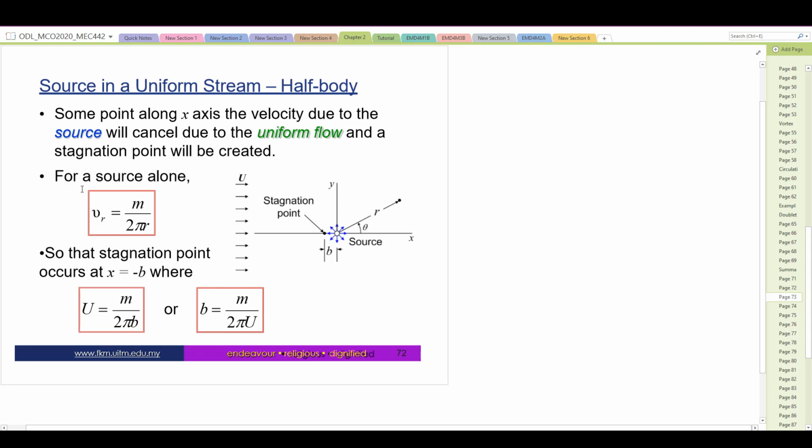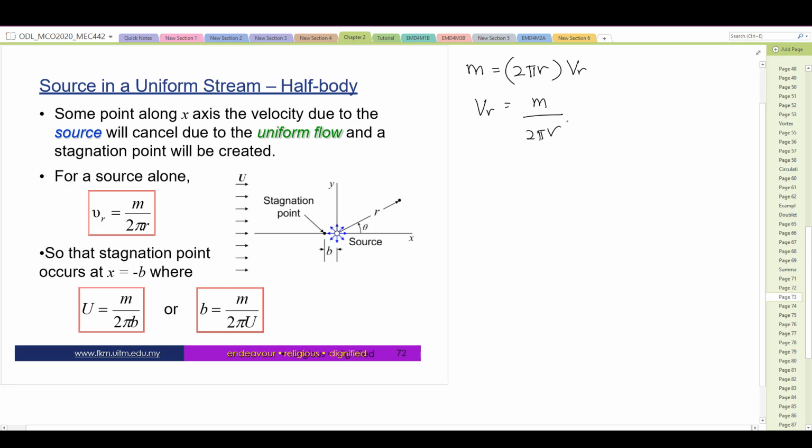For the source alone, it depends on the strength of the source or sink: m equals 2 pi r vr. So the radial velocity for the source is m over 2 pi r.